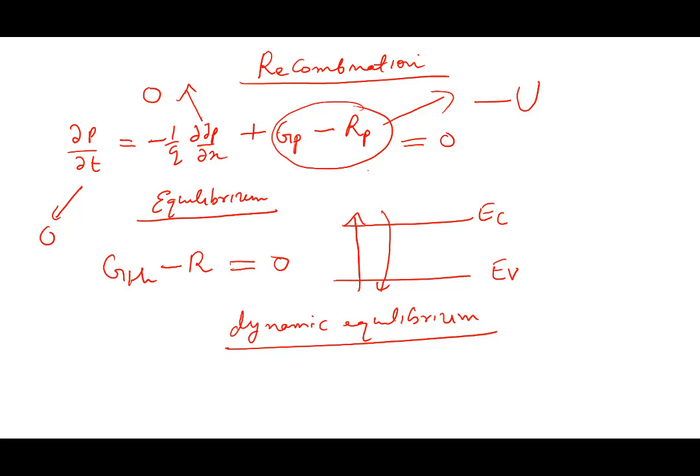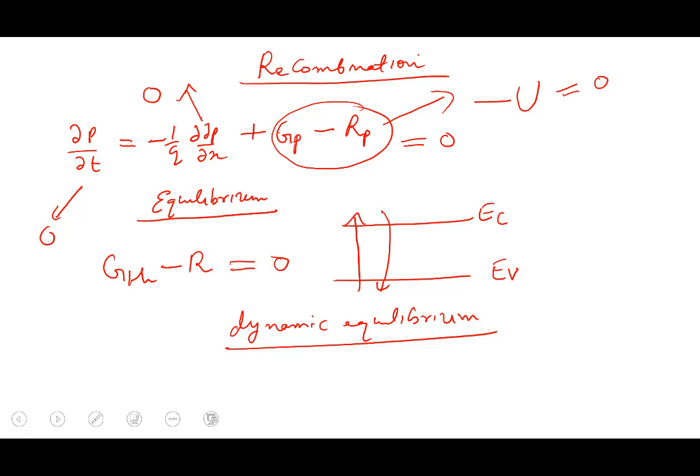So in equilibrium, U is of course equal to 0. Instead of talking about generation and recombination separately, the generation minus recombination I'm calling minus U. Which generation? The thermal generation.